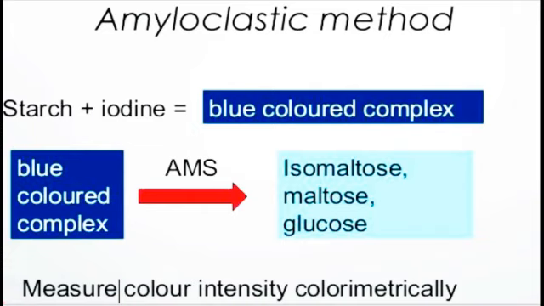Amylase is particularly useful in the diagnosis of acute pancreatitis, where the sensitivity is 75%. It starts rising in the serum within a few hours of the onset of the disease, reaches a peak in 24 hours and returns to normal in 3 to 5 days with increased renal clearance.